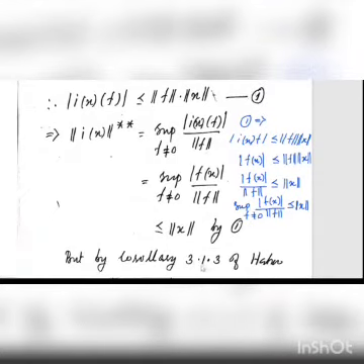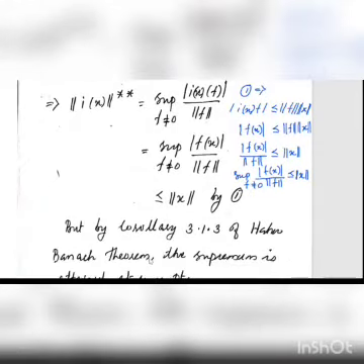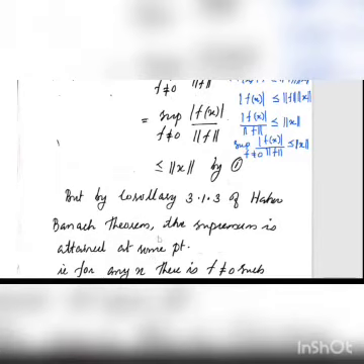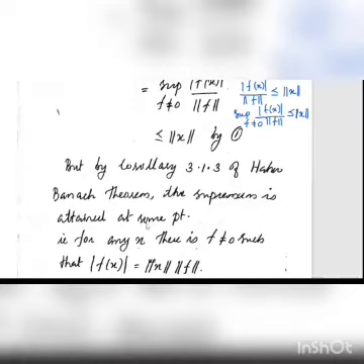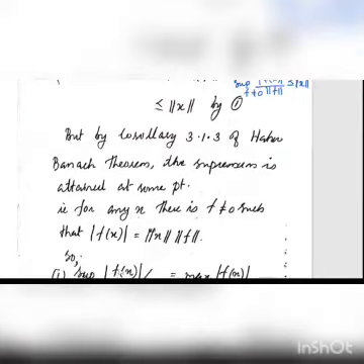Now from corollary 3.1.3 of the Hahn-Banach theorem, we have that the supremum is attained at some point. So for any x there is some f not equal to 0 such that modulus of f of x is equal to norm of x into norm of f.